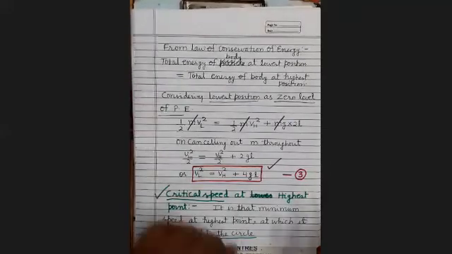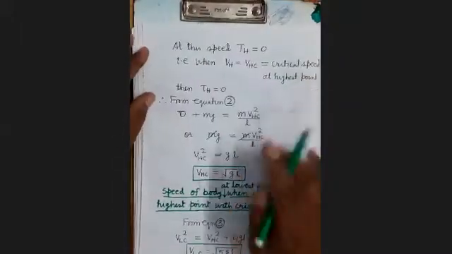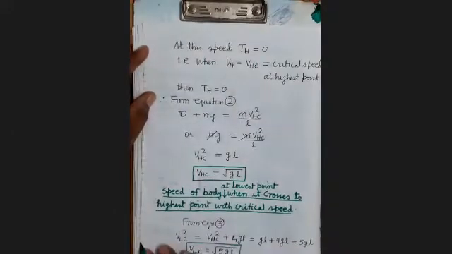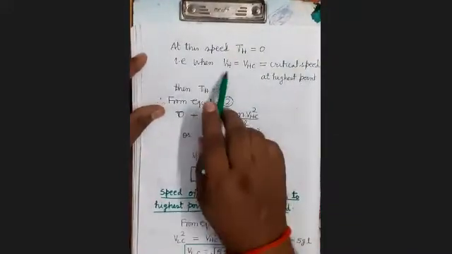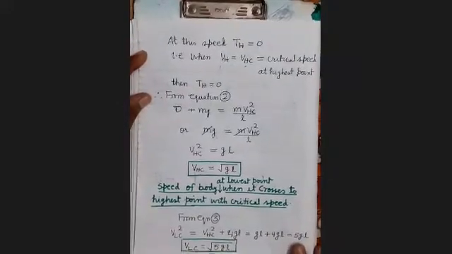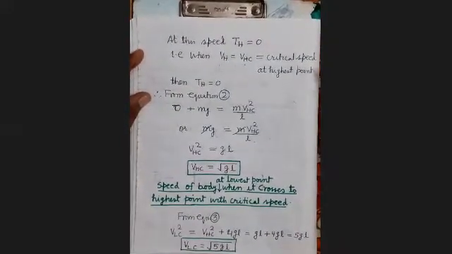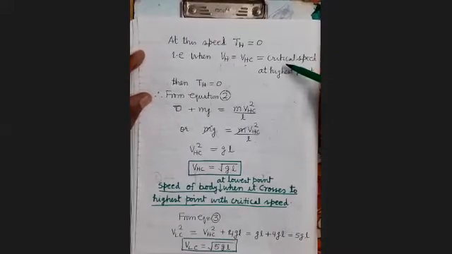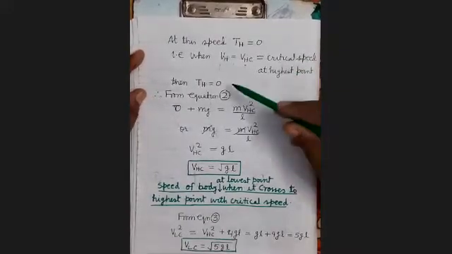If the speed is less than this speed, what will happen? It will not be able to complete the circle. So you can see here, you calculate this. Already I have told, at this speed TH equals 0. So when VH equals VHC, VHC is the critical speed at the highest point, then TH is 0.